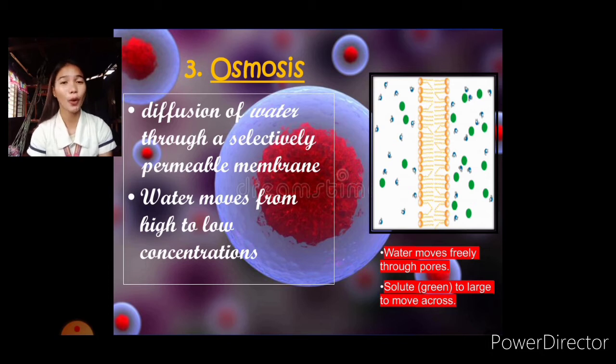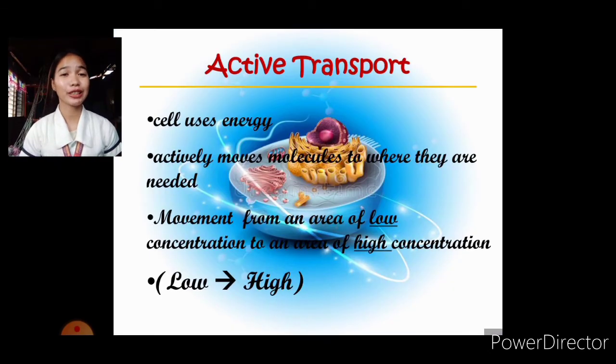Now we're going to the active transport and its types. First, we're going to define what an active transport is. In active transport, as I said in the earlier discussion, the cell uses energy. It actively moves molecules to where they are needed.